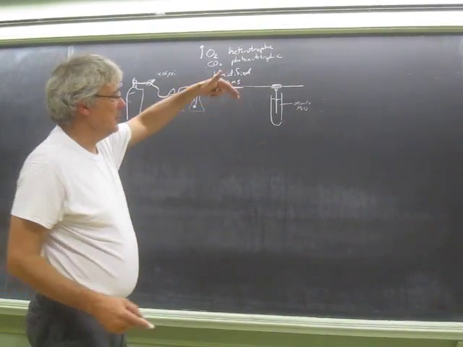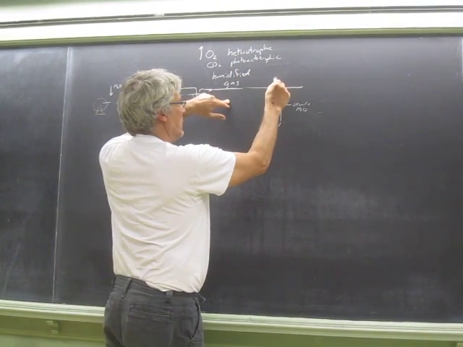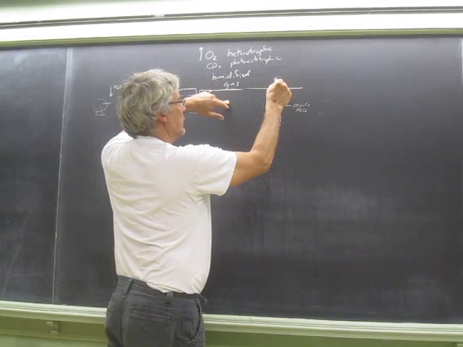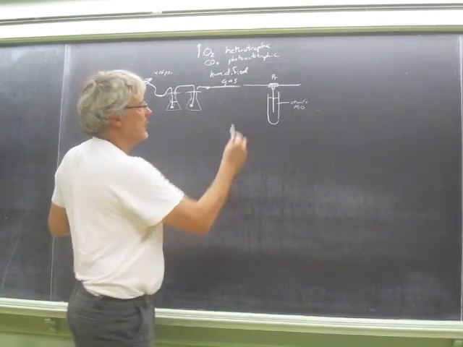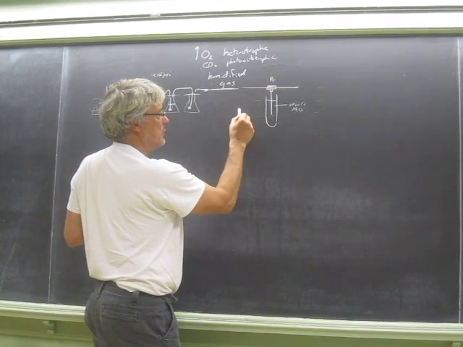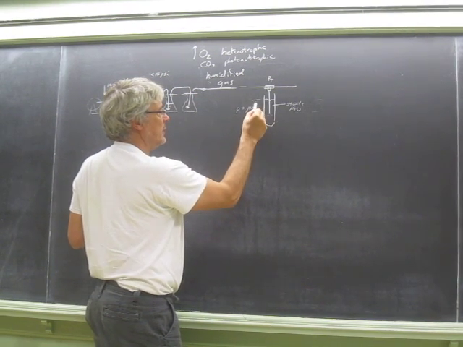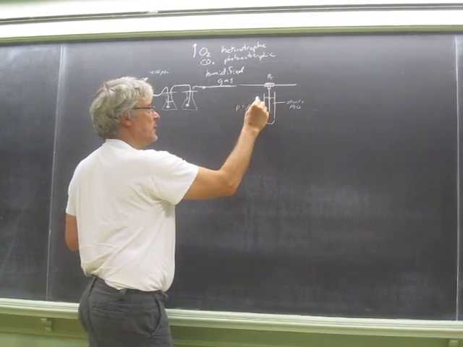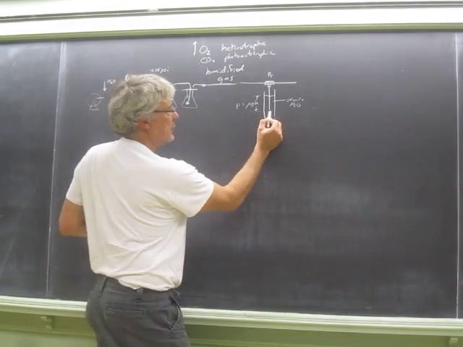And what would happen is that if the pressure here, we'll call it the pressure at the T, is higher than the hydrostatic head from here to here, this pressure is equal to just hydrostatic head, which is rho times gravity times h, the distance from there to there, then this would start to bubble.